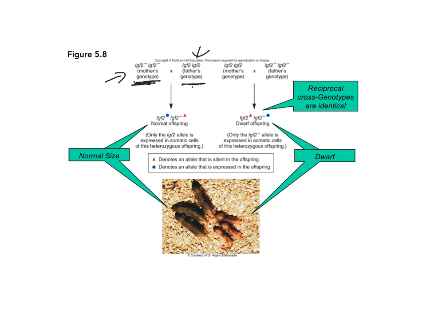So in this cross, we see that we have a functioning IGF-2, and it's coming from the father. So our offspring are going to be heterozygous. However, this IGF-2 minus allele that's coming from the mother is actually marked so it cannot be expressed. So it's silent, if you will.